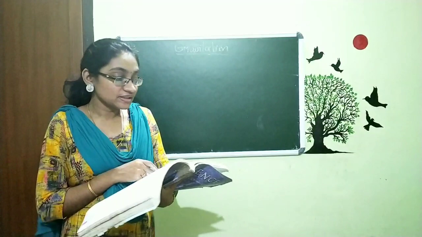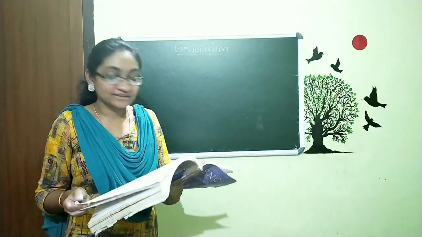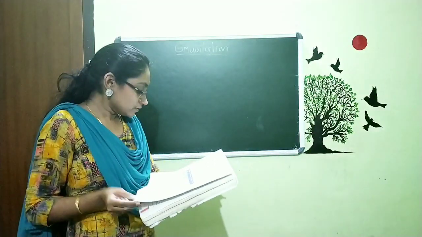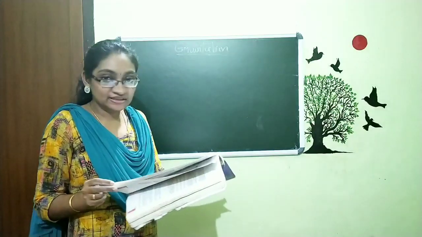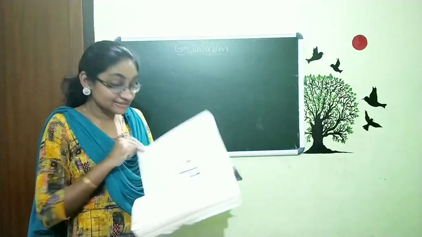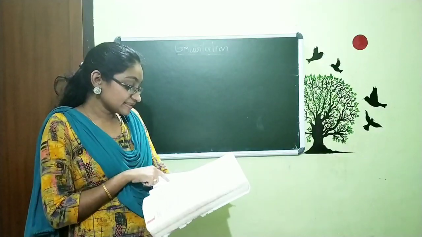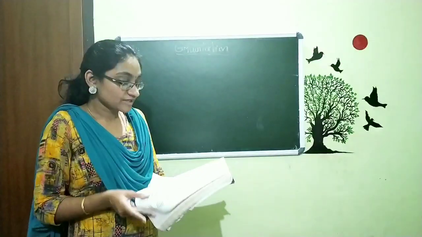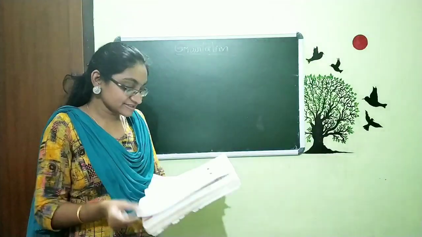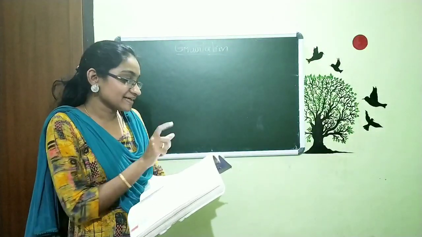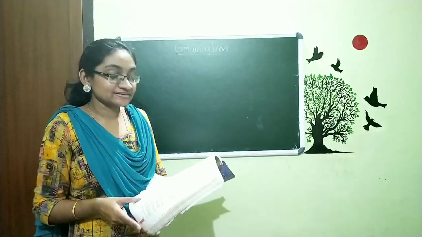They are now cut off from the syllabus, so no need of studying these topics. That means the things I just mentioned from page number 138, thrust and pressure, till the end of this chapter, Archimedes principle, relative density, all these things are cut off.